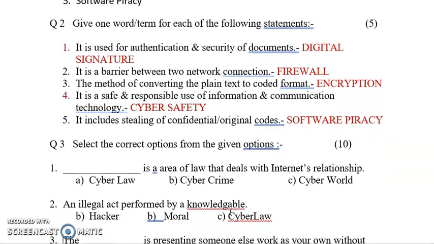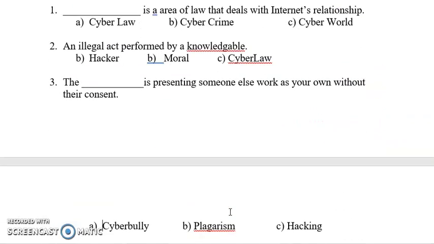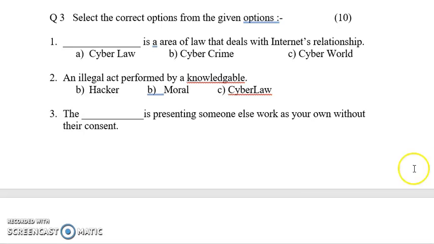Next question is question 3. Select the correct options. So the first is, dash is an area of law that deals with internet relationship. So it is nothing else than cyber law. So cyber law is the only area which deals with the internet's relationship. Now the next is an illegal act performed by a knowledgeable person.